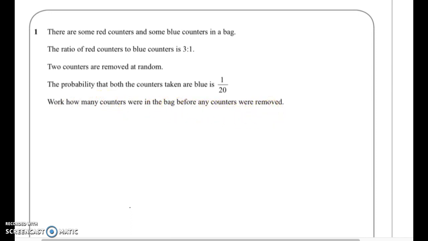Okay, so where it says the ratio of red counters to blue counters is 3 to 1, so for every 3 counters that are red, there's going to be 1 that's blue.